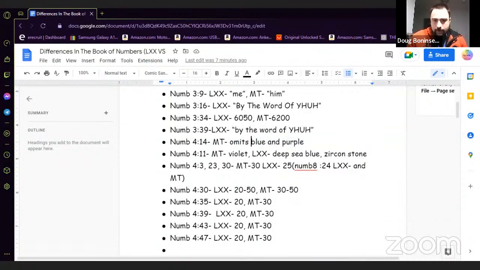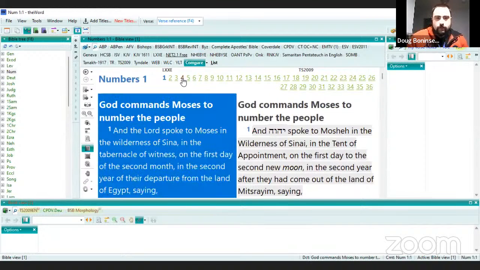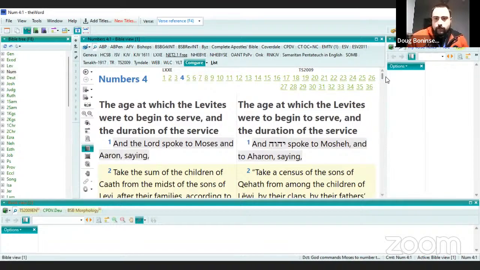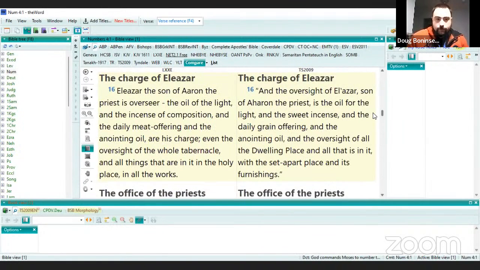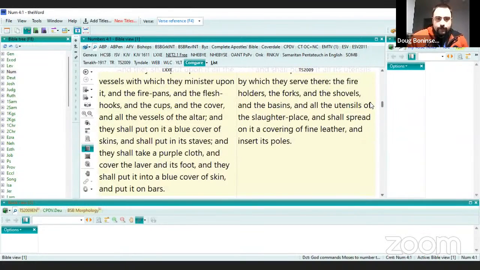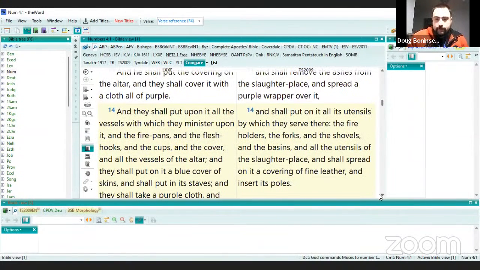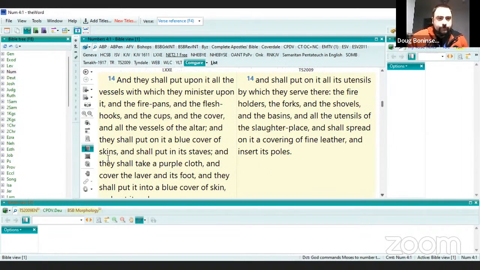So let me see here. Numbers 4:14. Okay, it says here in the LXX, they shall put upon it all the vessels which they minister upon it, and the fire pans, the flesh hooks, the cups, the cover, and all the vessels of the altar.